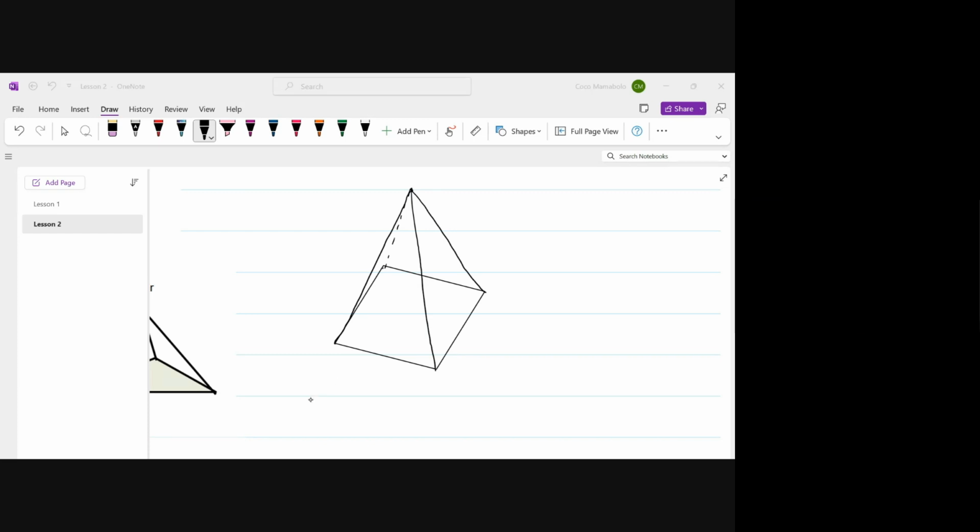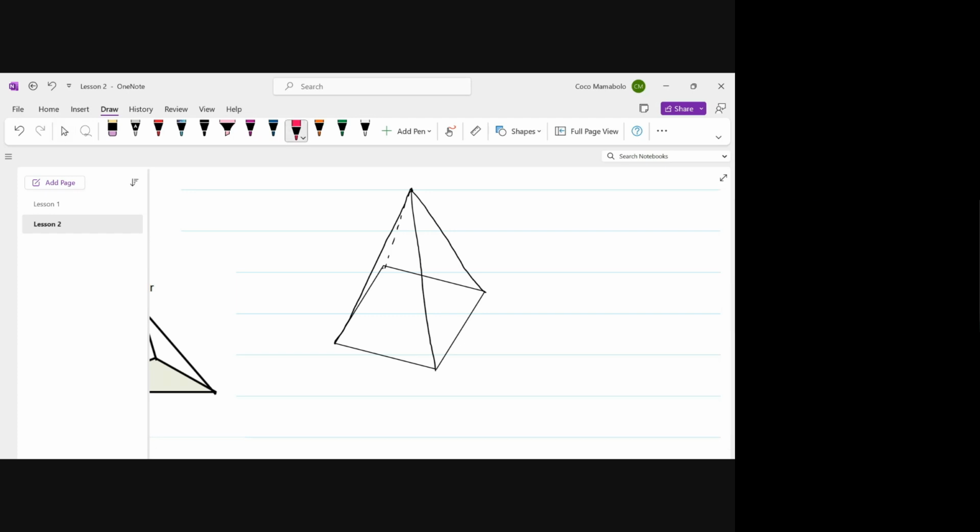Now, if I had to calculate the area of each of these shapes, I'm going to have a problem in that I'm going to need the perpendicular height from the top of my apex.